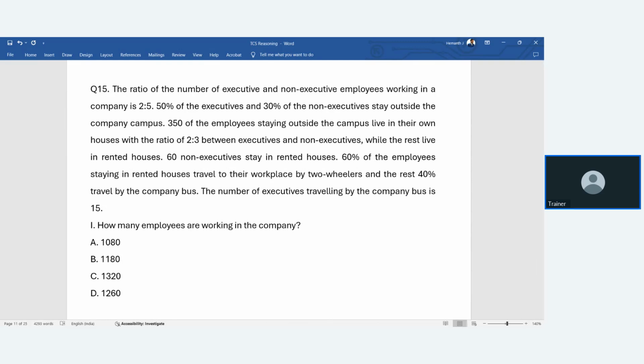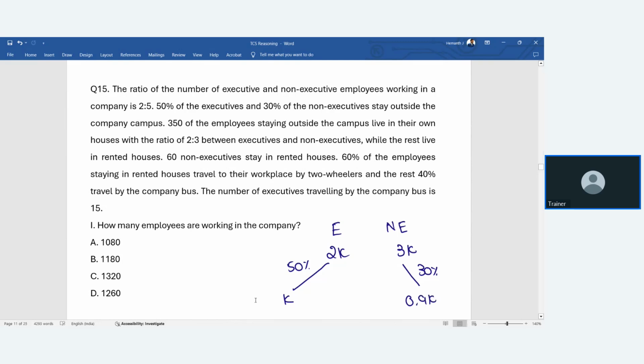So in a company, there are executive employees and non-executive employees, which are in 2:5 ratio, let's say 2K and 3K. 50% of the executives means K. 30% of non-executives means 0.9K.